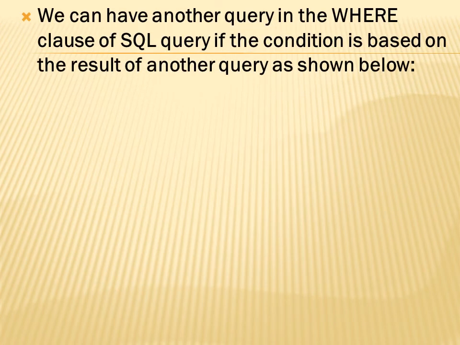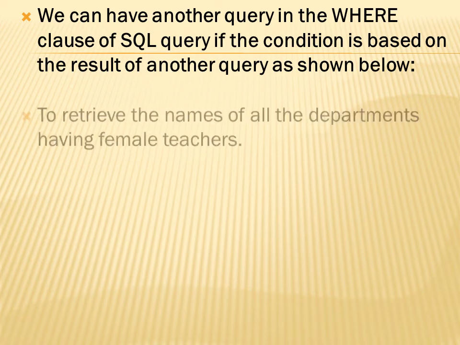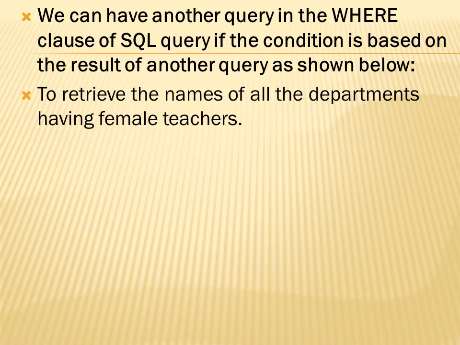Okay, we can have another query in the where clause of an SQL query if the condition is based on the result of another query. Okay, so a query inside a query, that means the second query's result will be used by the first one. See here, to retrieve the names of all the departments having female teachers.